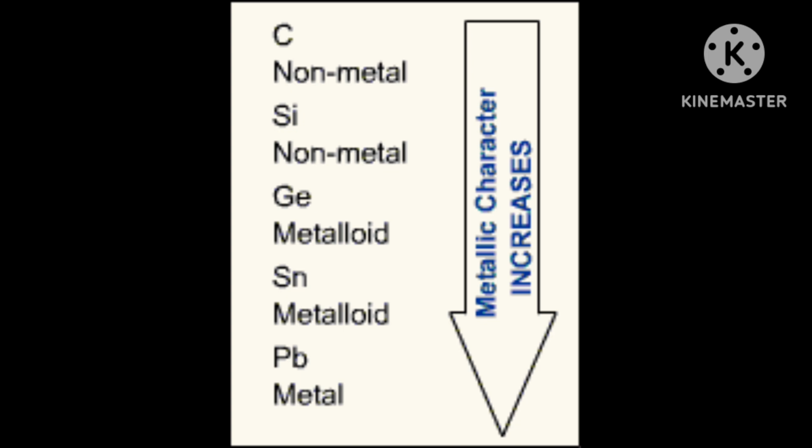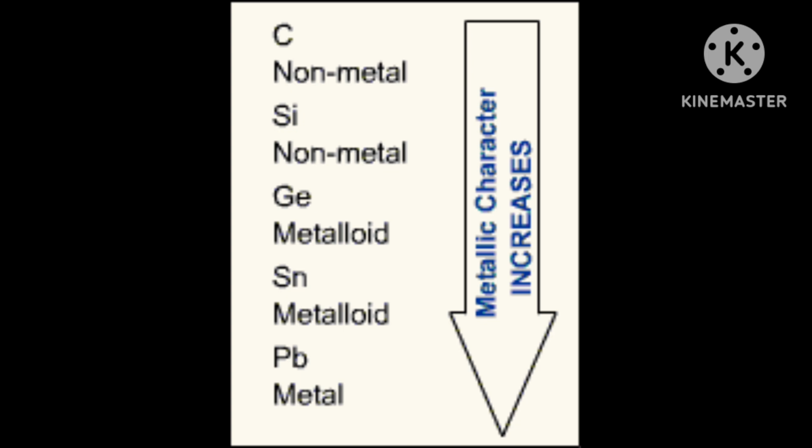Four was common, and somewhere you have seen that d and f were also there. Keep this in mind. Hence 4 is common. The common oxidation states exhibited by these elements are +4 and +2.